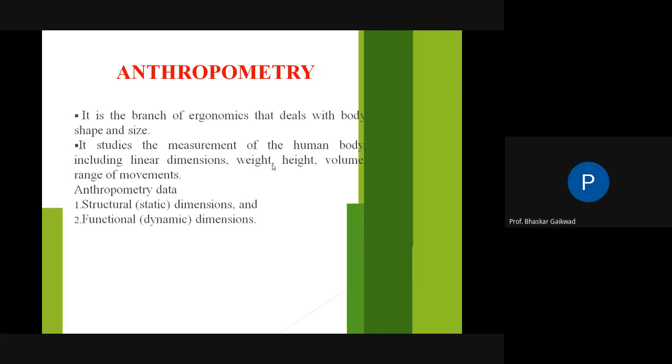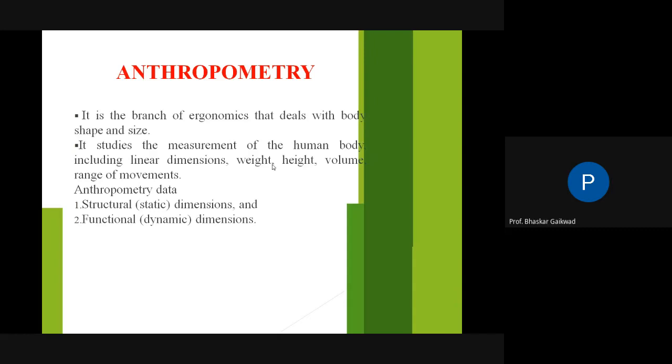It studies the measurement of the human body, including linear dimensions, weight, height, volumes, and range of movements. In military organizations, measurement of our body is going on. A similar thing is called anthropometry.